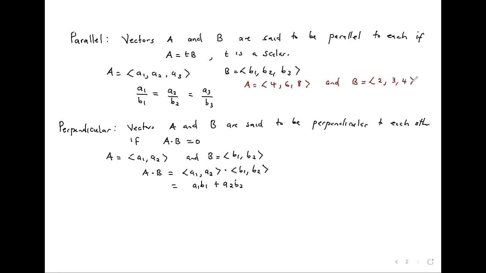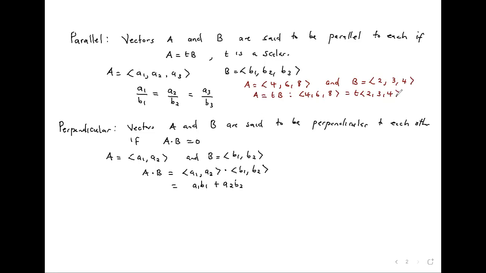You want to check if these are parallel. You can check, are we able to write A as a product of some number by B? Let's see. A is 4, 6, 8, and we'll look for some number t that you can multiply by B to get 4, 6, 8.